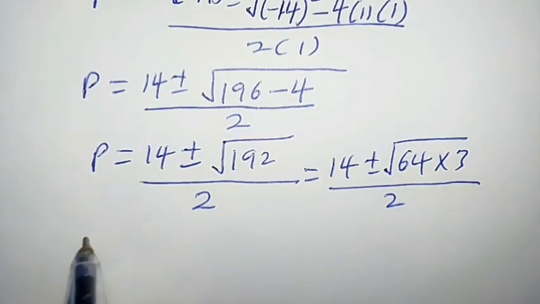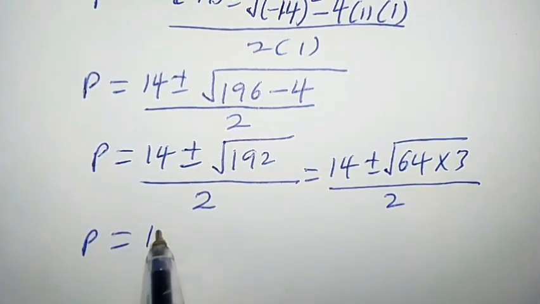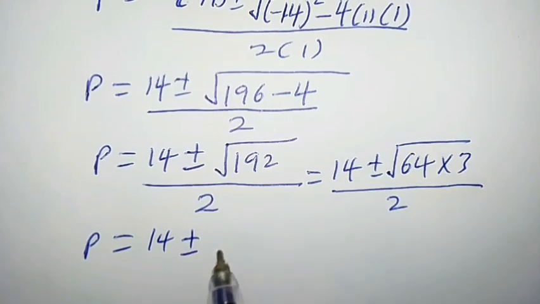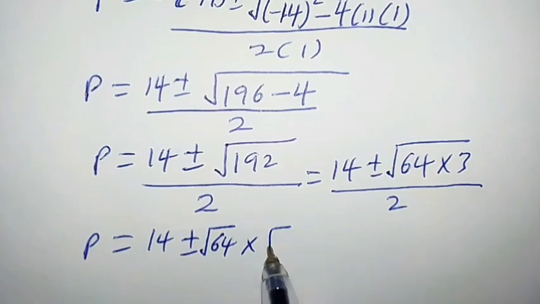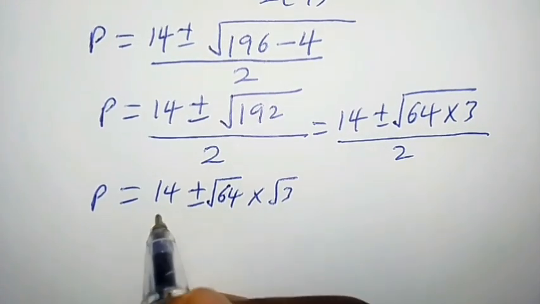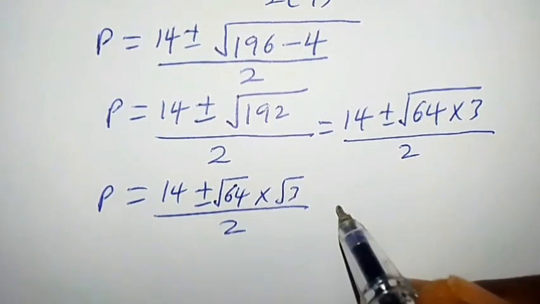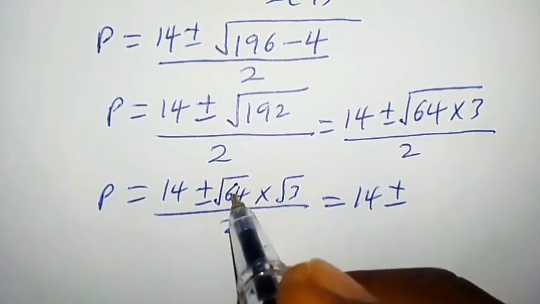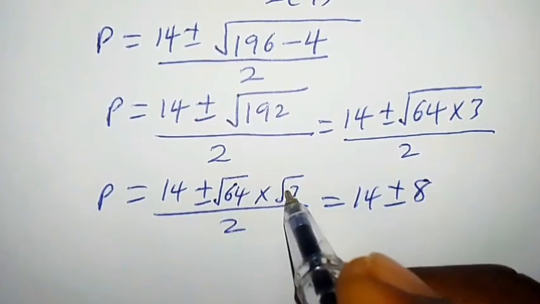We can also rewrite it as square root of 64 times square root of 3, all over 2. This is equal to 14 plus or minus square root of 64, that is simply 8, times square root of 3, all over 2.